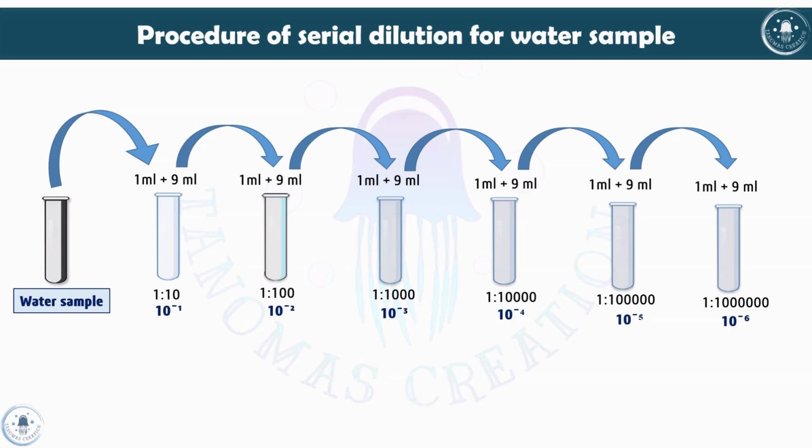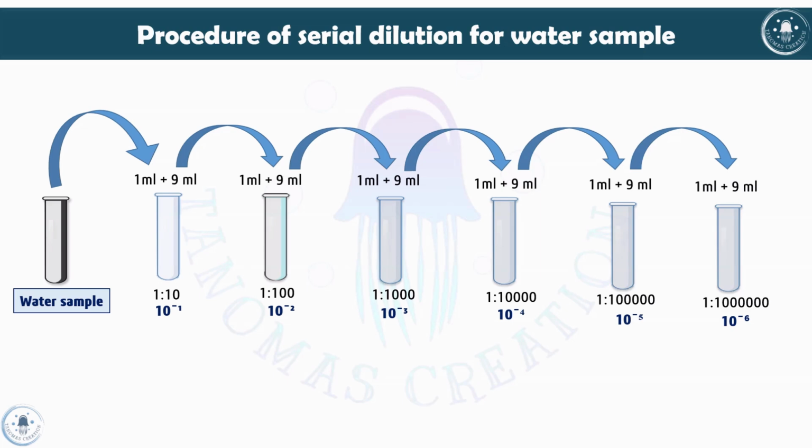Okay, so usually the countable number of colonies appear between 10 to the power minus 4 to 10 to the power minus 6 dilution. Okay, so the process is similar to that of the solid sample.